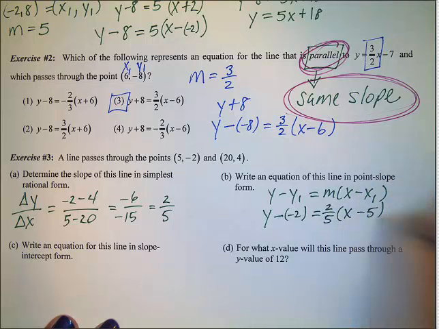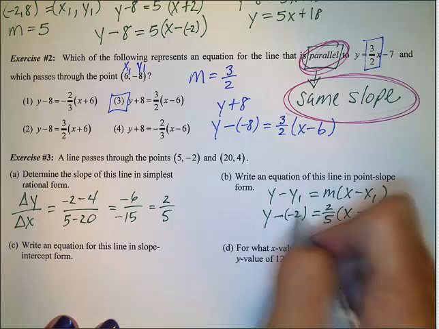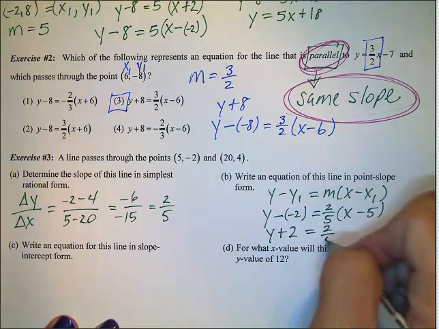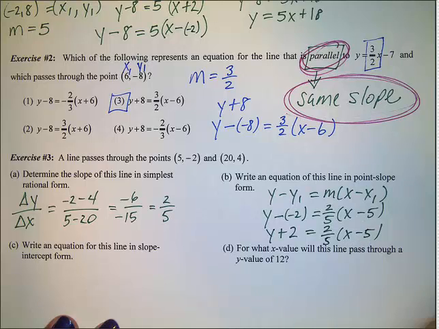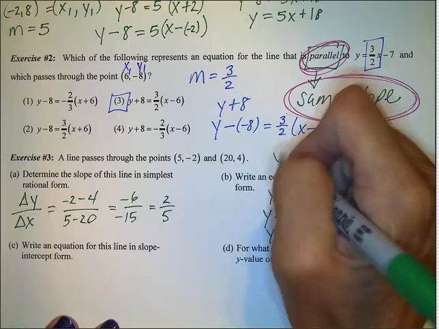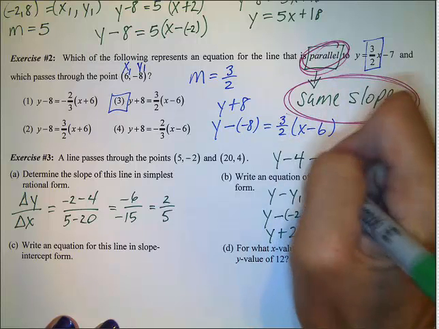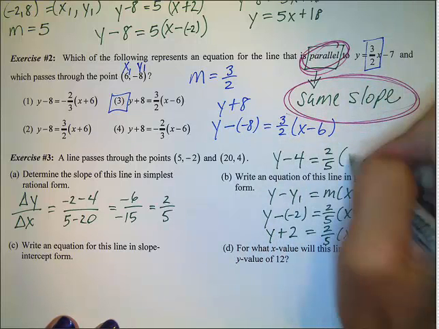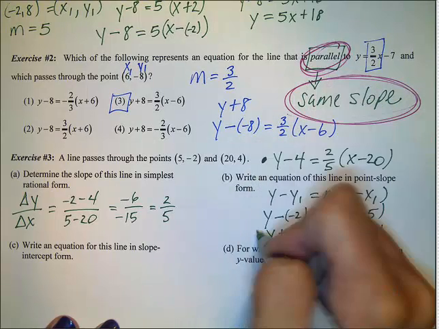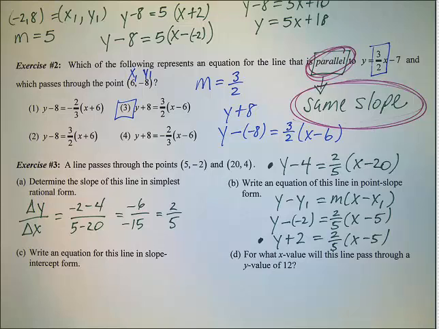And remember, this could be the same as y plus 2. Now, you could have used this other point. So you could have had y minus 4 equals 2/5 times x minus 20. Either this one or this one is acceptable, depending on which point you used with the slope.